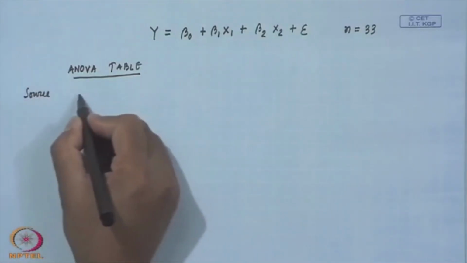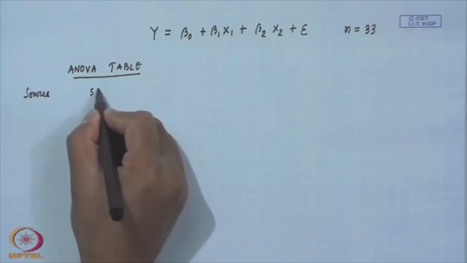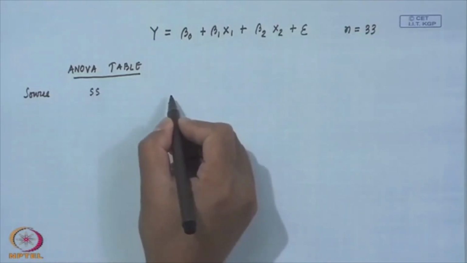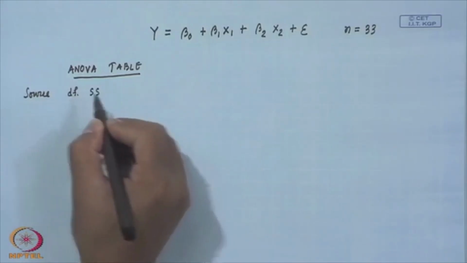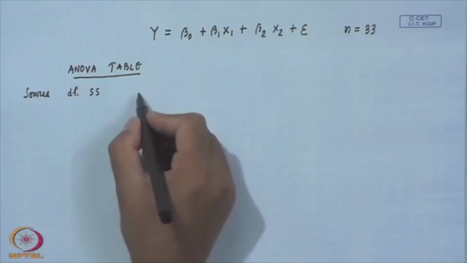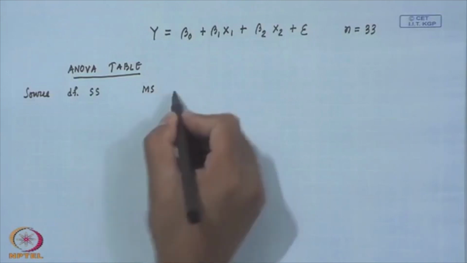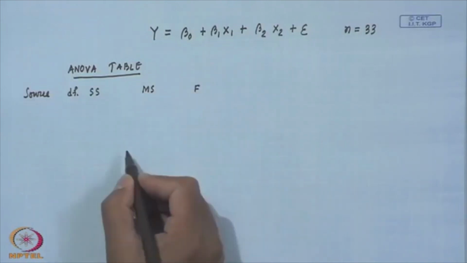Source, sum of square, degree of freedom, MS and the F statistic.